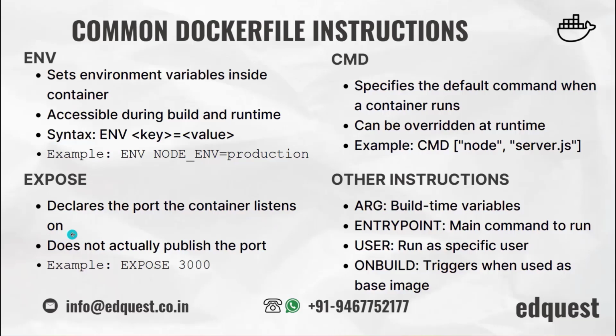However, it's important to note that it does not actually publish the port to your machine. That's done separately using the docker run command. For example, EXPOSE 3000. This tells Docker that the application inside the container will listen on port 3000.